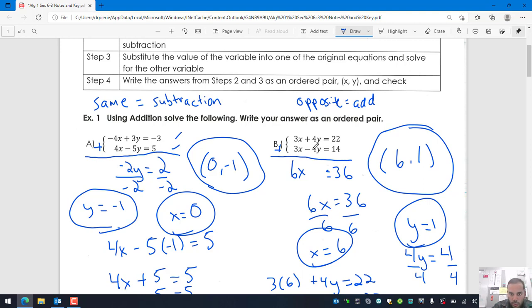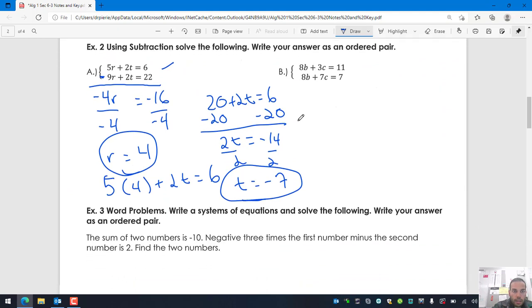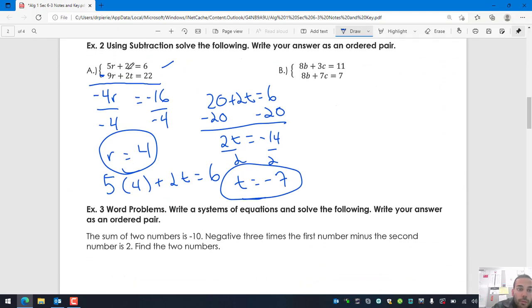Because we had a positive 4 and a negative 4, opposite means add, we made it one big addition question. And then for the second example here, we were trying to eliminate 2t, or the t's. We had positive 2t and positive 2t. We had the exact same number in front of both of the t's, same equals subtract, we made it one big subtraction question.